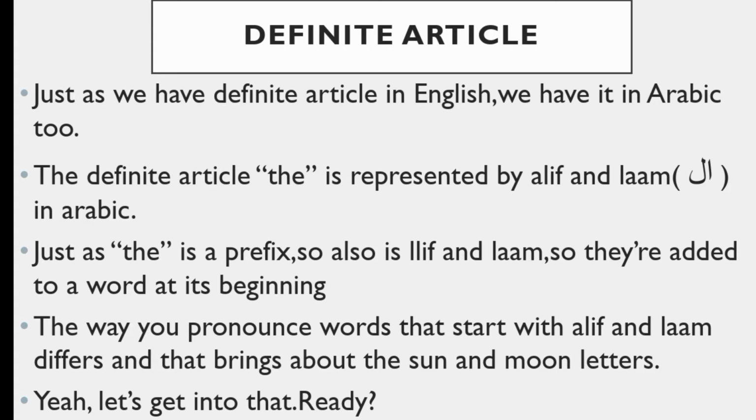So now you should know the difference between definite and indefinite article. Why is it called definite and why is it called indefinite? Let me say, "House is beautiful." You'll be like, which house is beautiful? Which house are you talking about? But when I say "the house is beautiful," the person I'm talking to would have known which house.